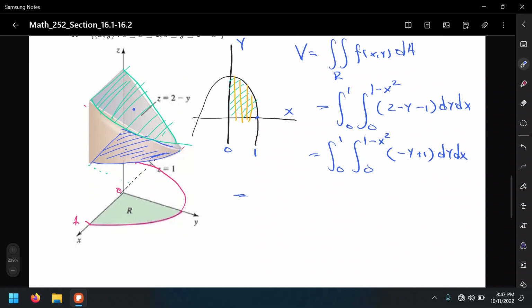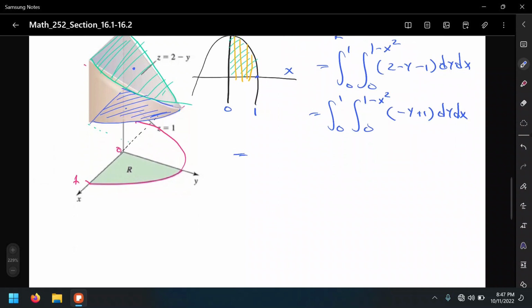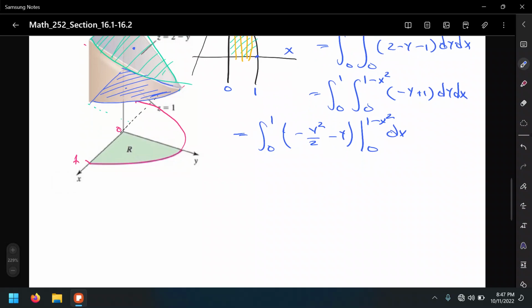Well, let's integrate. Yeah, I think we're going to have enough time. So that's the integral from 0 to 1. And that's negative y squared over 2 minus y, and that goes from 0 to 1 minus x squared dx. And then again, upper limit minus lower limit. But well, in this case, it's only one variable, so no issues.